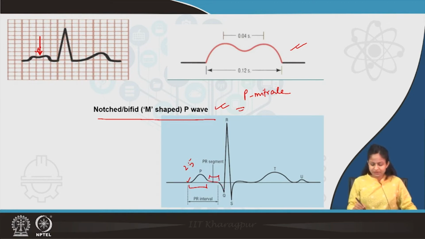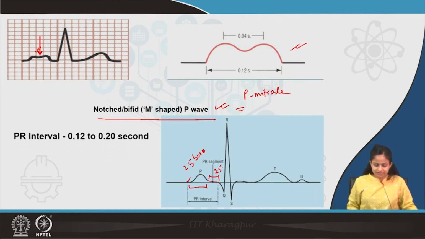So, this PR interval should be within 5 boxes, 2.5 and 2.5. It is very easy to remember. P wave 2.5 boxes, PR segment is also 2.5 boxes.